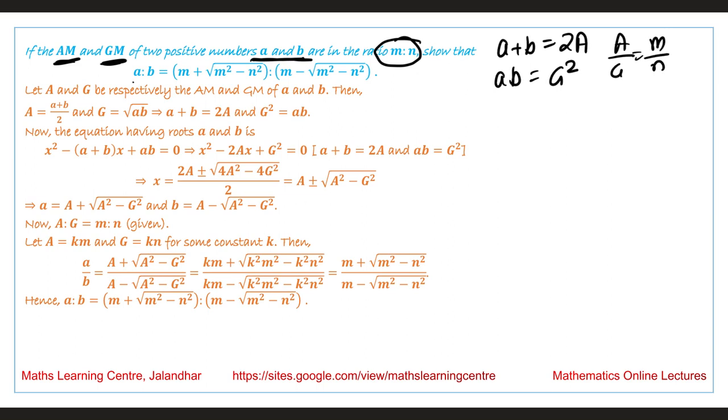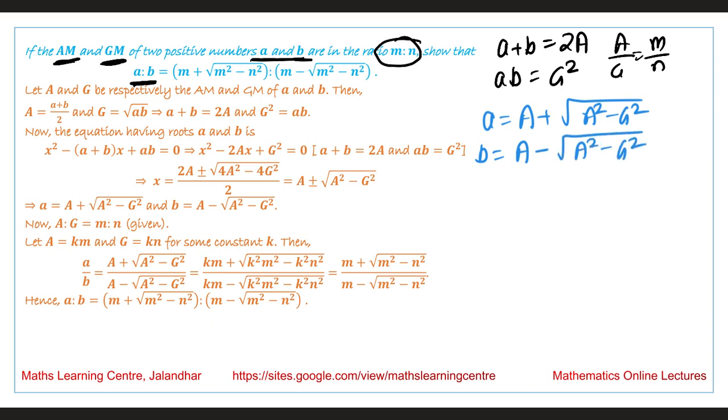We have to show that the ratio of a and b is this. Now from our previous question, we already know that the value of a is given by A plus square root of A square minus G square, and the value of b is given by A minus square root of A square minus G square.